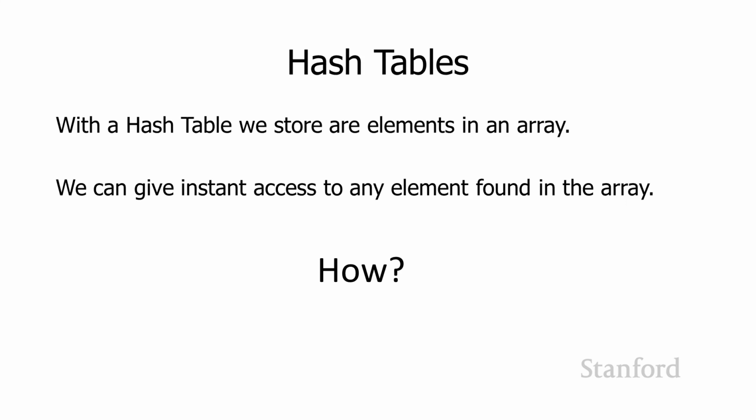With binary search, we split the items in half, check the upper versus the lower half, split the items in half, check the upper half of the lower half, split again. If we've got a large list, it's going to be a lot of splits there. It's definitely going to be a lot for the linear search. For hash tables, we're going to get instant access. You tell me what item you want, and I'll say, that's exactly where the item is. How do we do this? It's like magic. It's amazing.